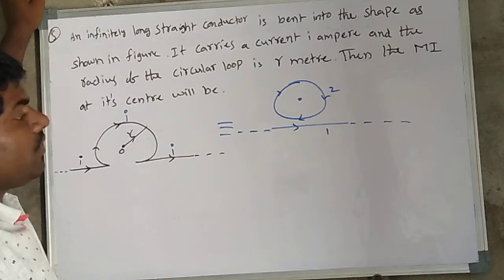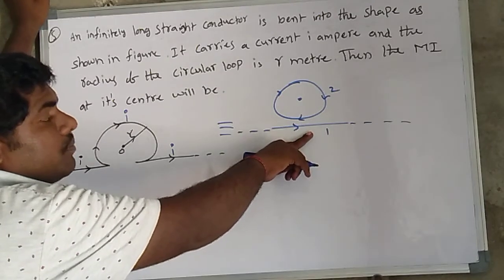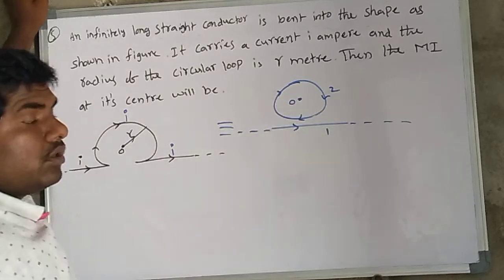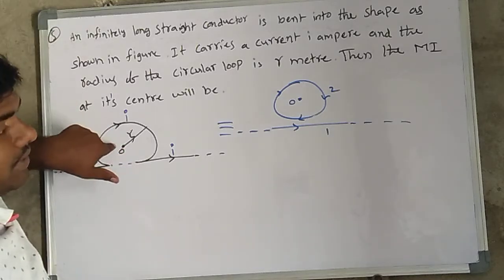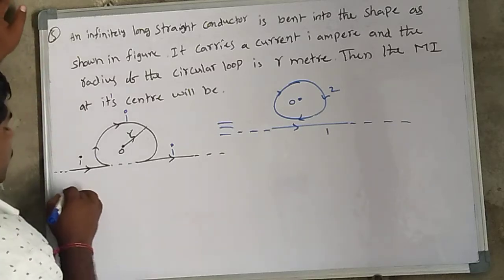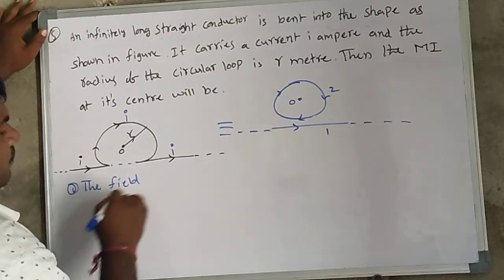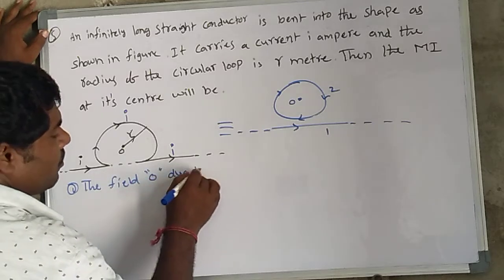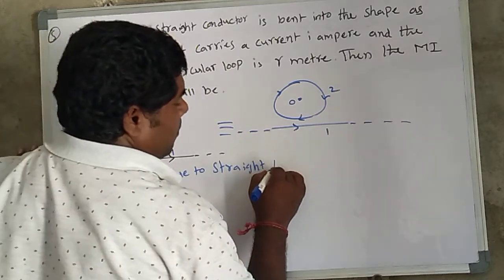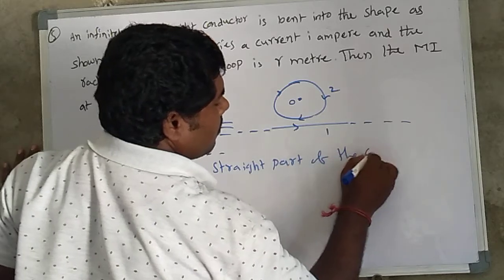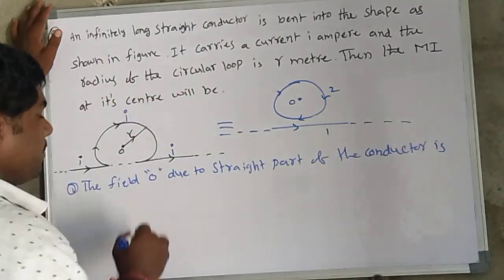Now we are going to find how much magnetic induction is produced at the center of the coil, O, due to this straight conductor. The distance from here to here is also R, because it is the extended part of the circle, with radius R. The very first point: the field at O due to the straight part of the conductor is B1.